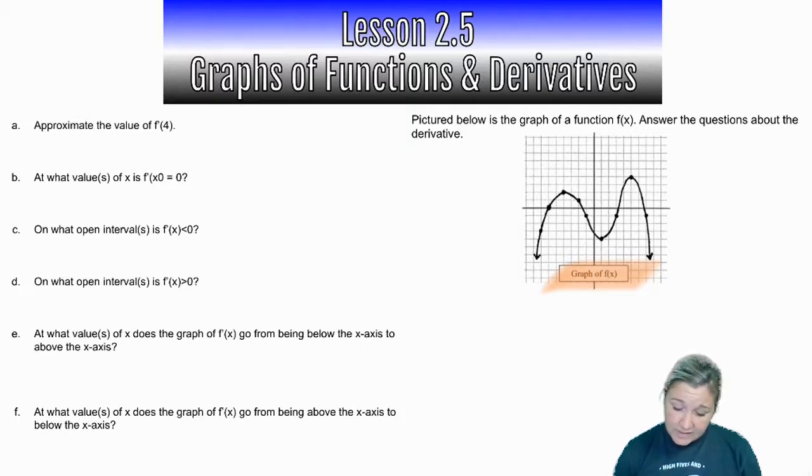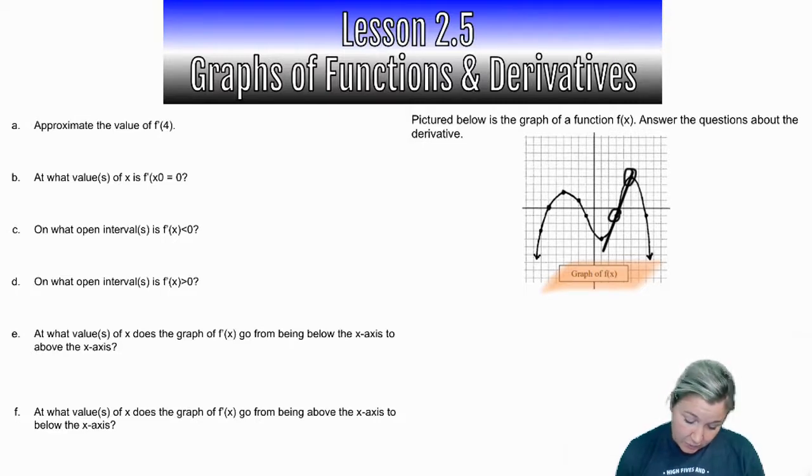So what I'm doing is I'm given f of 3 right here, and f of 5. I'm going to find this secant line right here, and find the slope of that secant line. That's going to be pretty close to what my f prime of 4 is going to be.